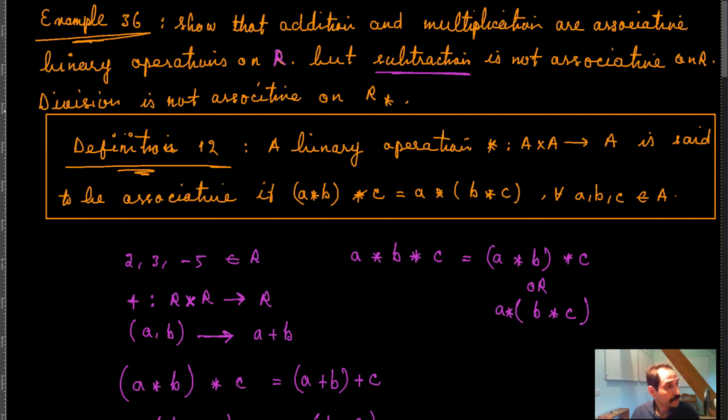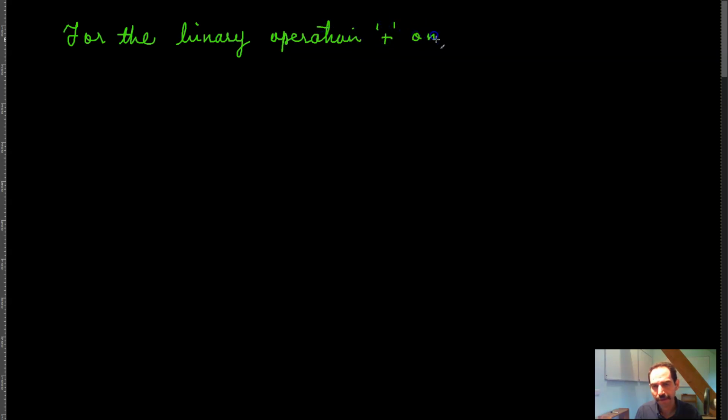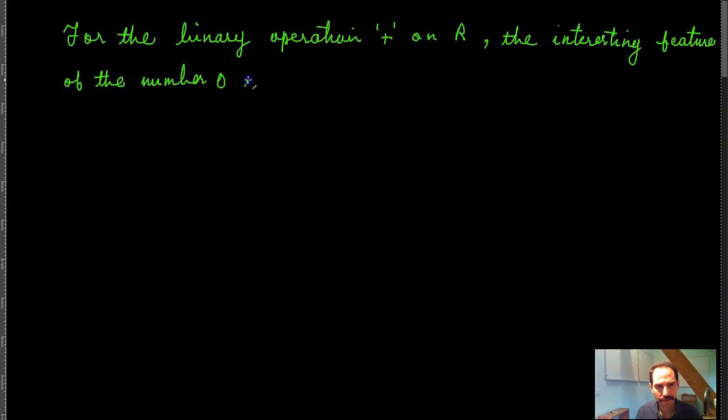So now let's look at the binary operation addition on R. The interesting feature of the number 0 is that a plus 0 is equal to a, which is equal to 0 plus a.